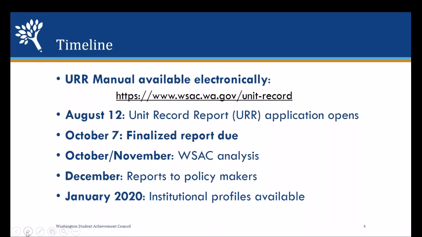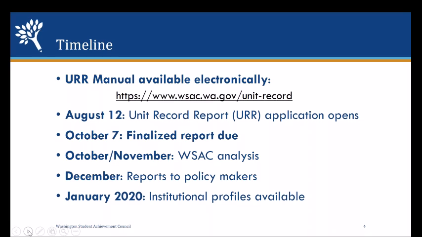It takes a lot of time for us once we get the finalized reports to do what we have to do to then finalize them. And that takes usually all of October, November, and into December. Last year, we weren't able to get it finalized until the first or second week of January, and we have reporting responsibilities to the legislature, and if it's that late, it really puts us up against it as well.